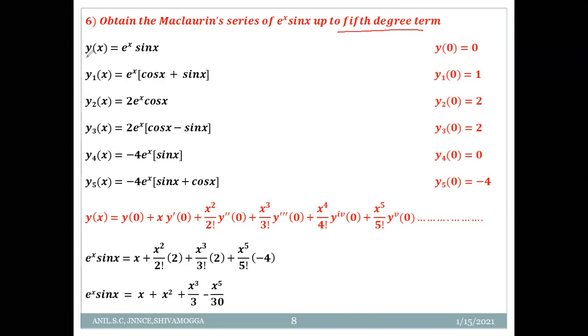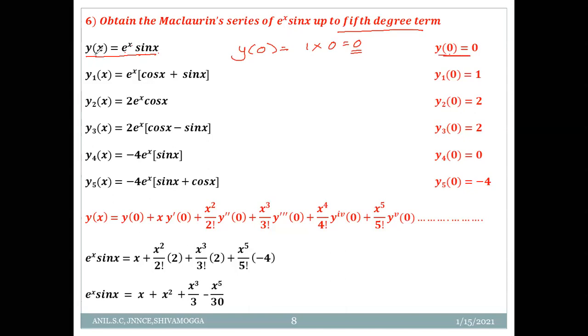Let this be y of x. y of x is equal to e power x into sin x. Put x is equal to 0. When x is equal to 0, this will be y of 0. e power 0 is 1 into sin 0. Sin 0 is 0. Therefore, y of 0 is equal to 0.